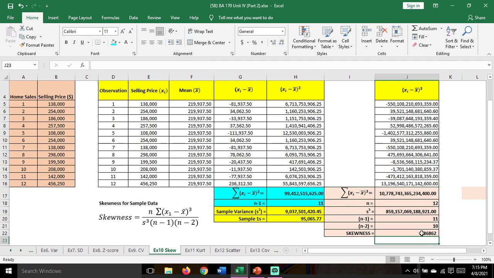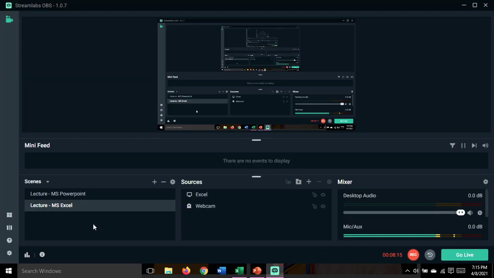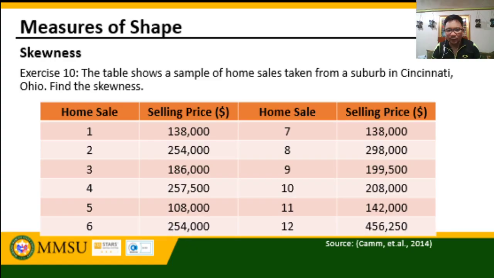Now, if we look at the interpretation of 1.36, we have positive skewness, based on our interpretation. So, let's get back to our PowerPoint for the interpretation.